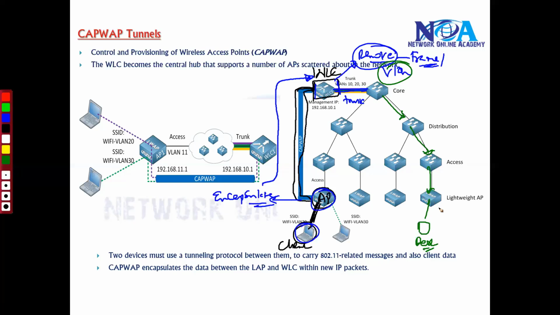Now the same thing happens when the packet is returning. It goes the same way in reverse, and there is a CAPWAP tunnel established between them. The WLC is going to tunnel or encapsulate back to the access point, and then it reaches the end client again.